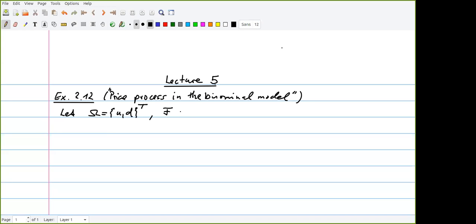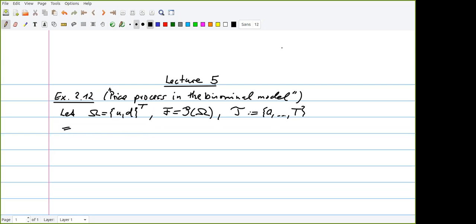And then the sigma algebra: this is a finite probability space, so we can just take the power set as our sigma algebra, and we have our time horizon as before. Usually, let's start with 0 up to time capital T.